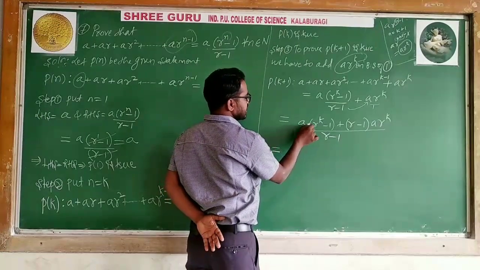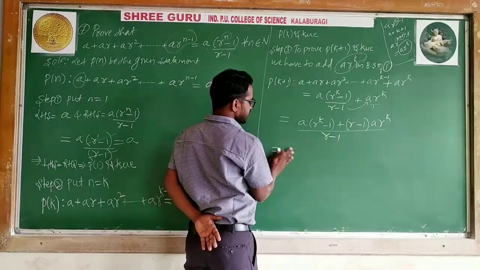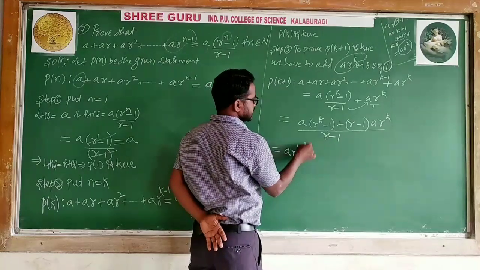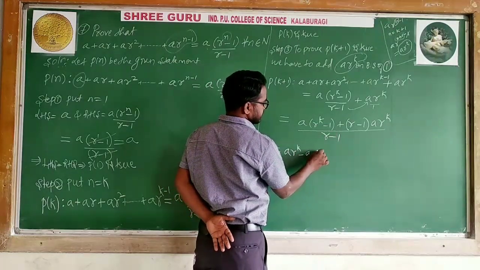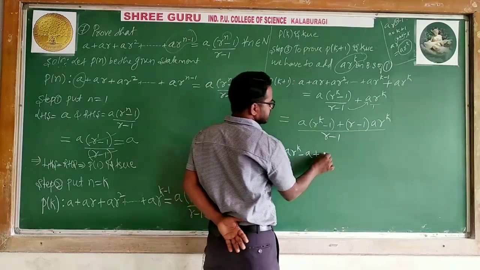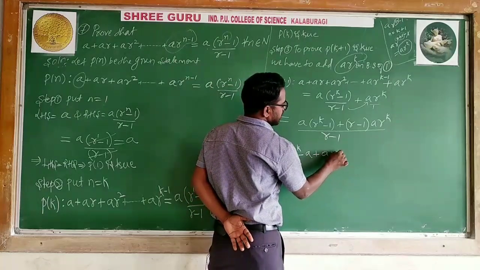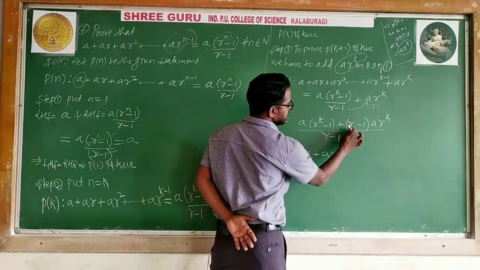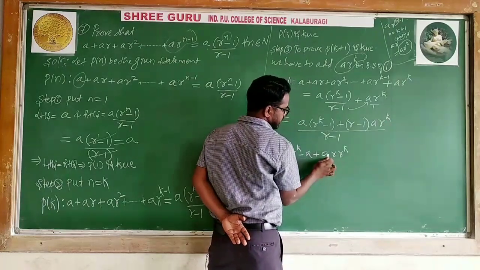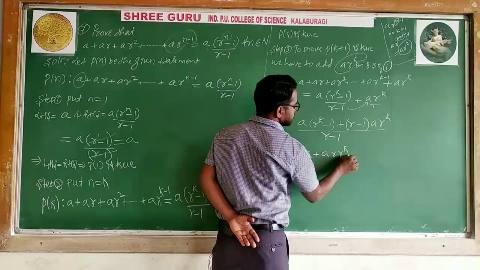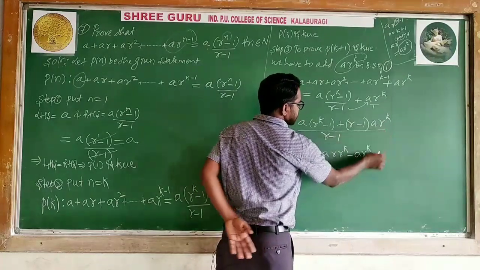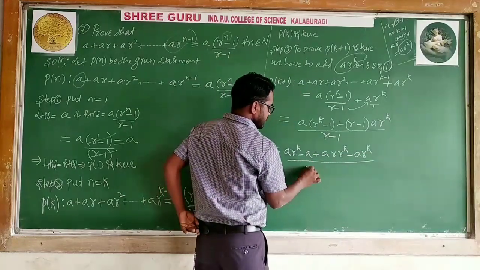I will multiply this A R to the power k by R minus 1, giving A R to the power k plus 1 minus A R to the power k, divided by R minus 1.